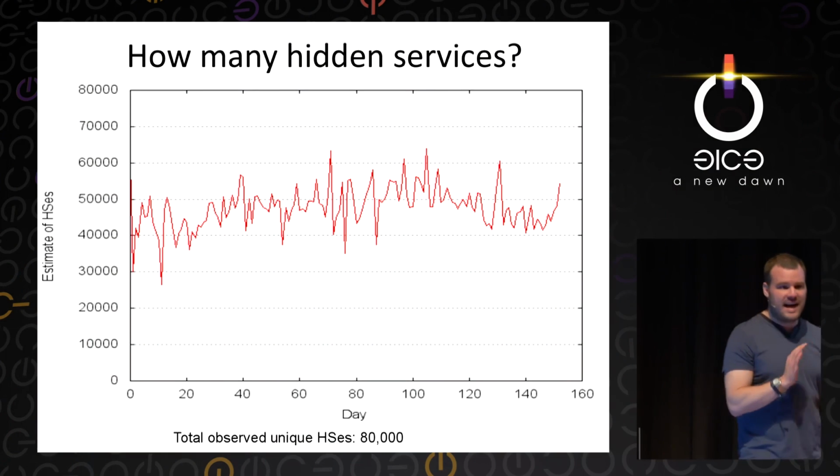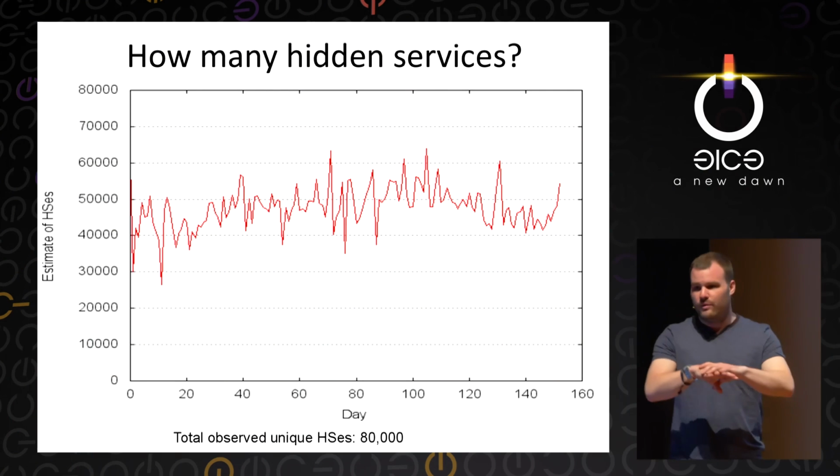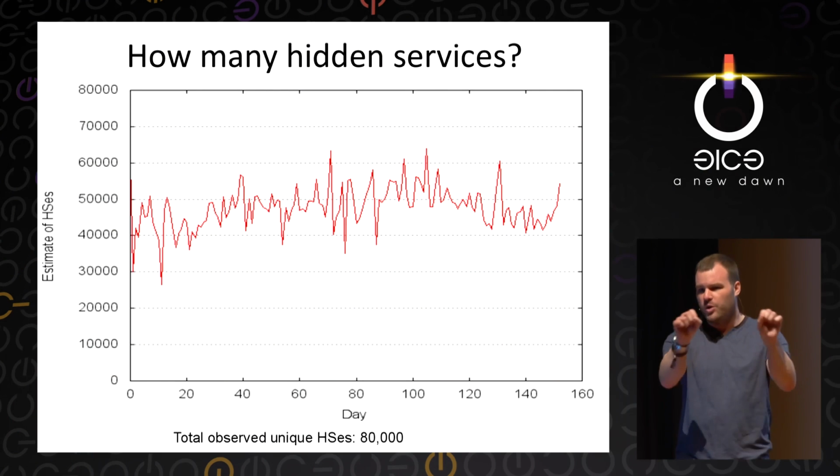So our estimate for how many hidden services there are, over the period which we ran our study, this is our graph plotting our estimate for each of the individual days as to how many hidden services there were on that particular day. Now, the data is naturally noisy because we're only a very small proportion of that circle.